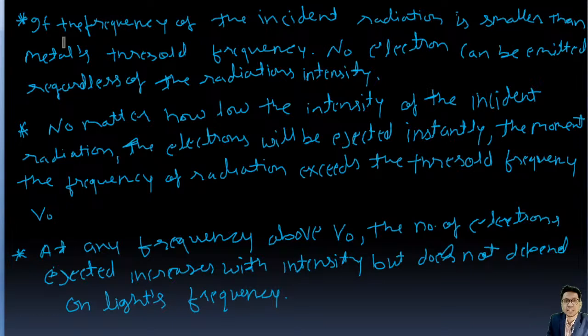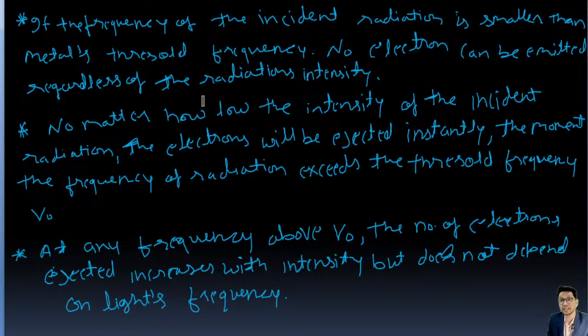There are some points which I will explain now. The first point is, if the frequency of the incident radiation is smaller than the metal's threshold frequency, no electrons can be emitted regardless of the radiation's intensity. What is threshold frequency? Threshold frequency is the frequency below which the electrons cannot be emitted from the metal surface.